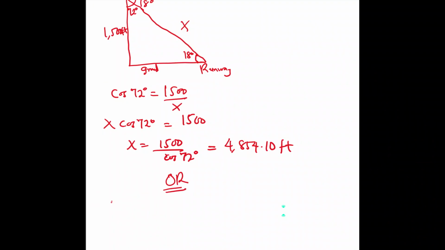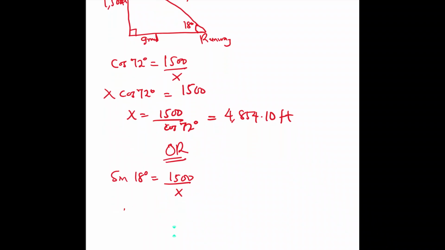Or we can do it using sine. We can use 18 degrees. When we use 18 degrees, this side is the opposite and this is the hypotenuse. So sine 18 degrees is equal to 1,500 divided by x, so x is equal to 1,500 divided by sine 18.